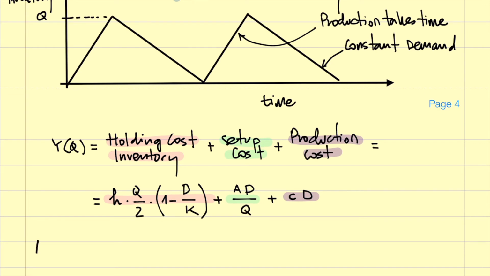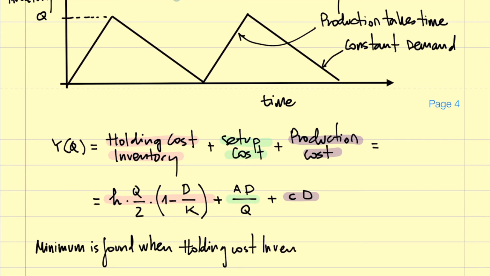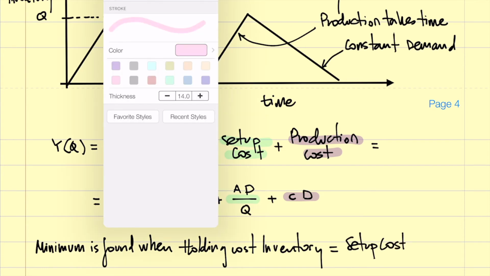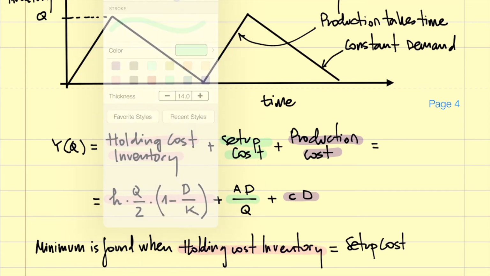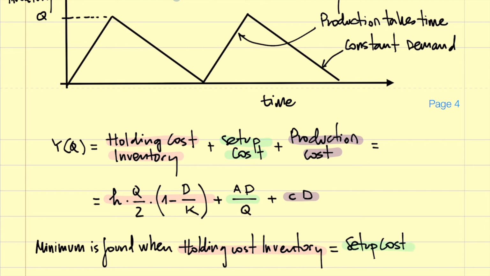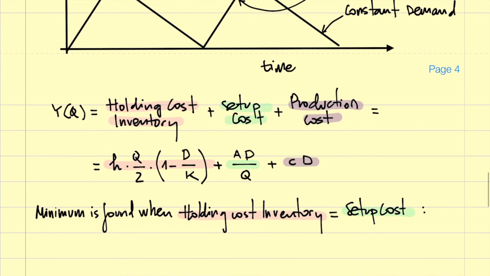So as we say, the minimum is found when the holding cost of inventory equals the setup cost, and this is only because we have constant production cost, which is a very hard assumption, but this just makes things easier for us.